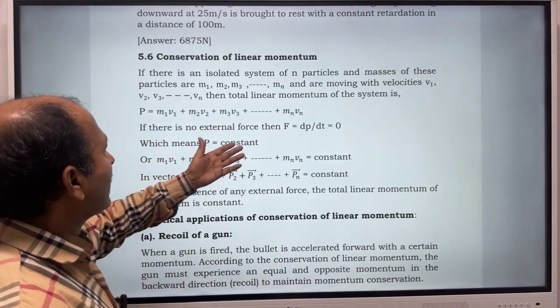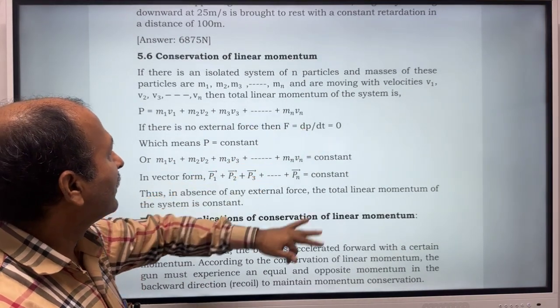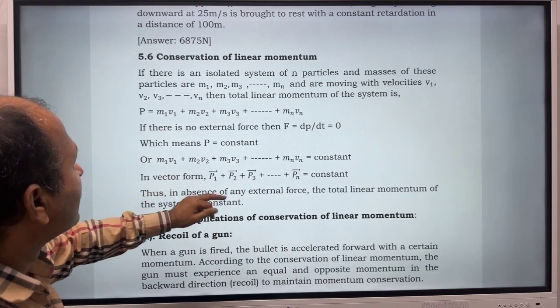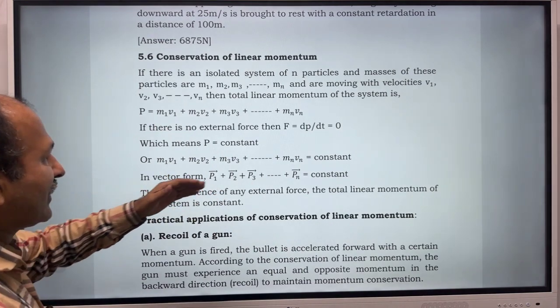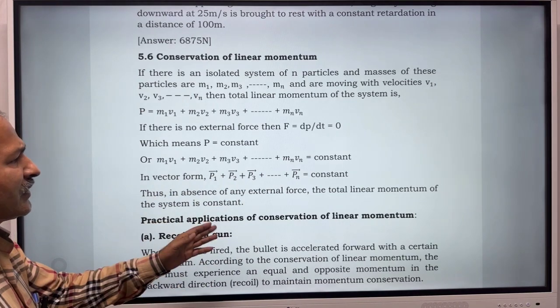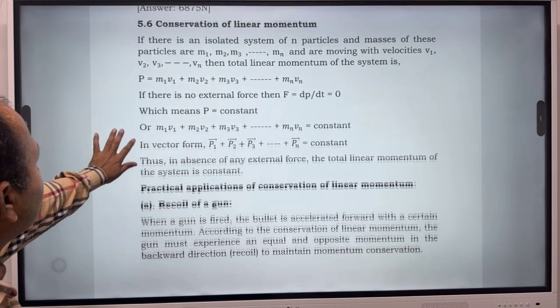In absence of external forces, I told you dp upon dt must vanish, which gives p equal to constant, or we can write m1 v1 plus m2 v2 plus m3 v3 plus mn vn equal to constant, or we can also write p1 plus p2 plus pn equal to constant. So I think you have understood.